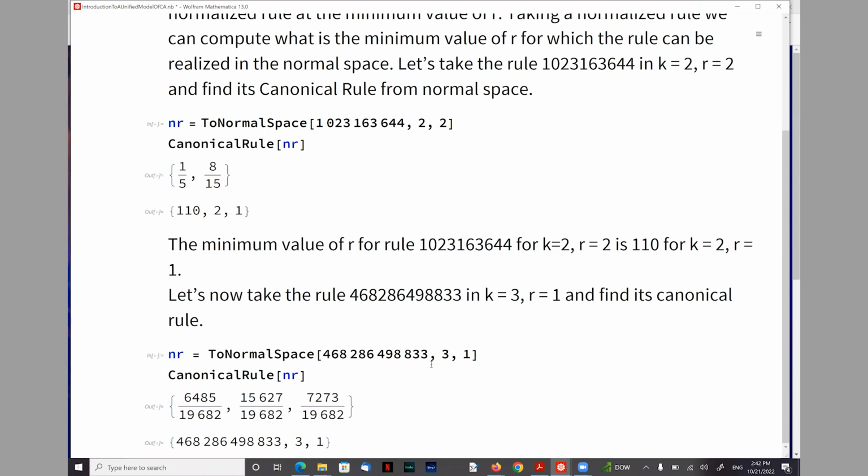But you can do this with any of those, and then you'll be able to know what is the minimum value of R. So this one is another one. I just selected this one, and then you say 3 and 1. This is the normalized rule, and then it gives you back the same rule, which means this is the minimum value of R under which this particular rule exists.